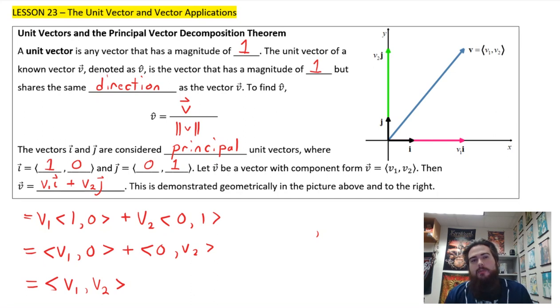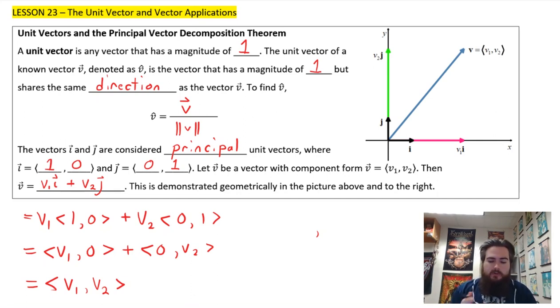However, some of the other operations we will see in the following lessons, you do need to be careful about them as they tend to be structured more directly with component form. And when they're in principal vector decomposition form, well, it may look a little bit different. However, when answering questions involving vectors, if the question does not specify a format, we would typically accept vectors in either form.